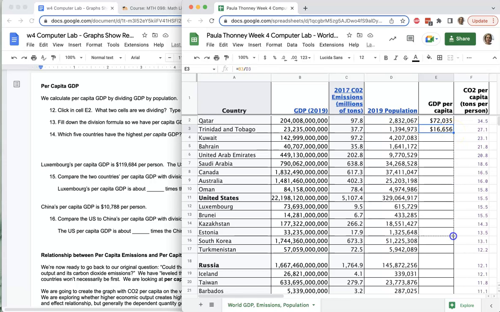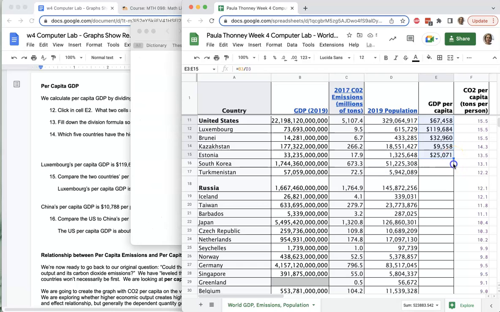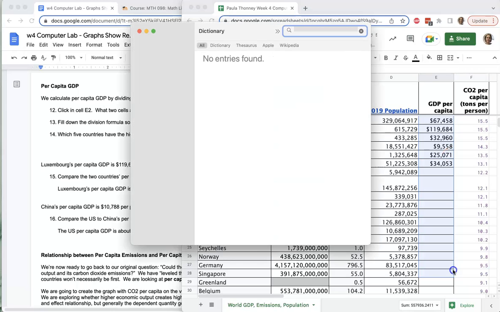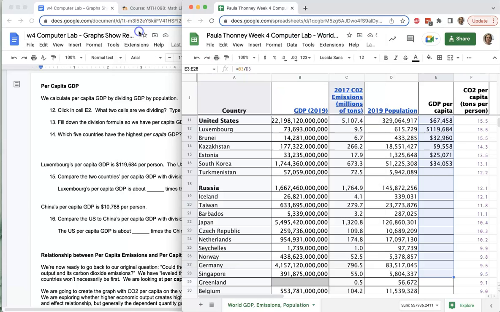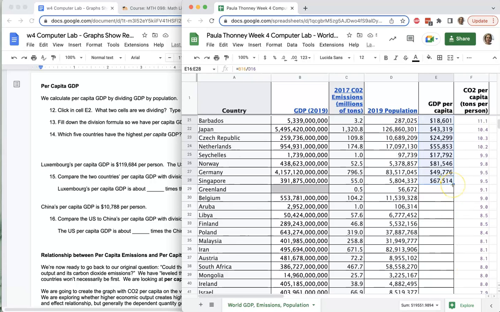Click and pull down. And keep going. Click and pull. I don't know why I'm going to the dictionary by accident. This is easier with a mouse.